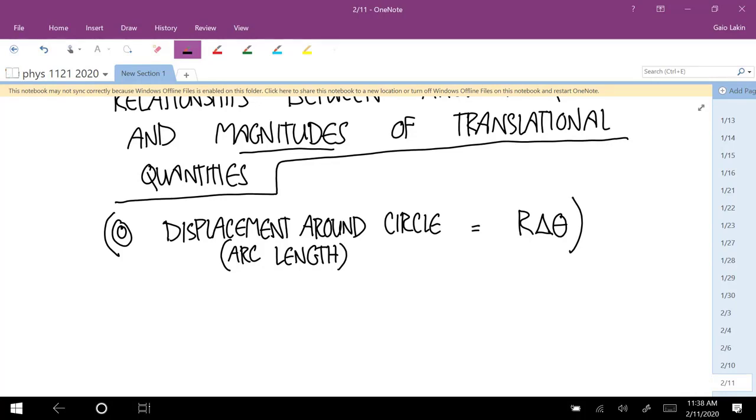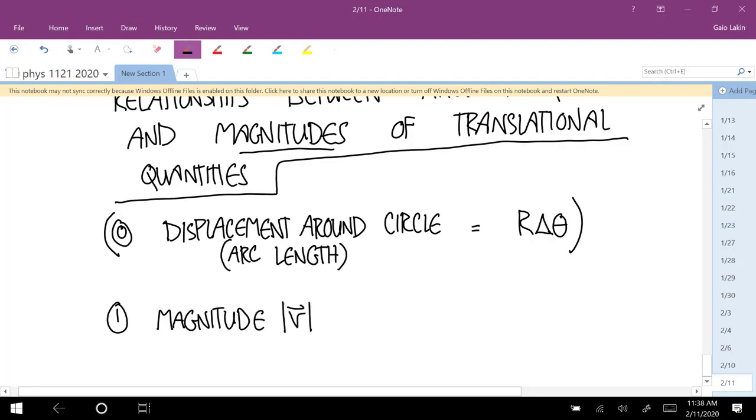But here are the three that we're going to use. So first, the magnitude of the velocity. You can denote it as the magnitude of the velocity vector like this, or a lot of times people show it as a capital V. And what's another name for the magnitude of velocity?